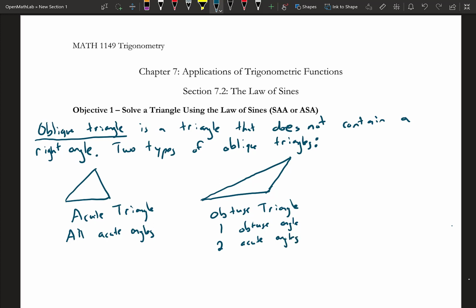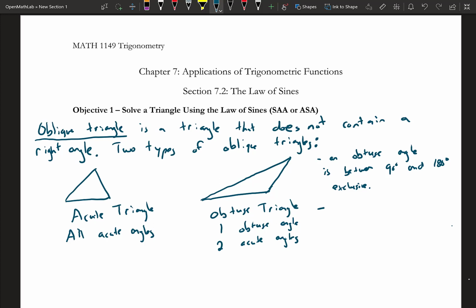And in case you forget, an obtuse angle is between 90 degrees and 180 degrees exclusive, meaning that we're not including 90 or 180. If an angle measures 90 degrees, that's a right angle. If it measures 180 degrees, that's a straight angle. I think we talked about this in one of the very first sections.